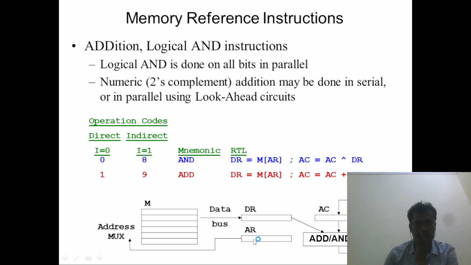First the address will be transferred, and from there it will go to DR. So DR will be transferred again to AR. From there it will go to memory to DR, and it will perform the logical AND operation or addition operation, and it will store the result in the accumulator.